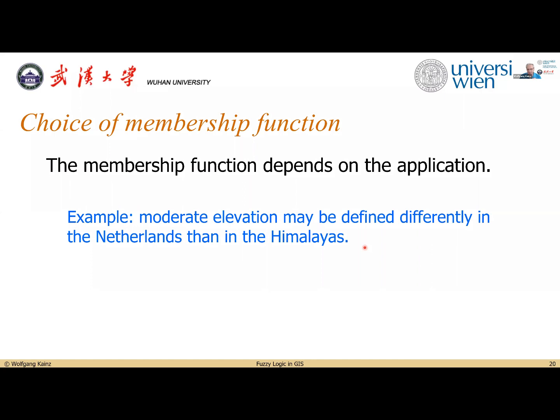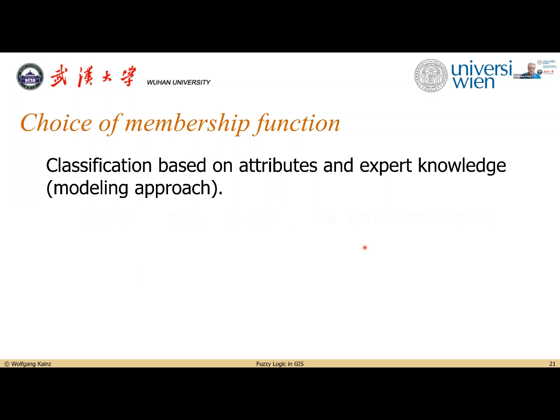So it pretty much depends on the problem at hand and, of course, on the expert knowledge and the modeling approach. How would you normally define moderate elevation or steep slope or flat slope or tall person? Then you have to define the membership function according to that model, and also according to your experience and your knowledge.